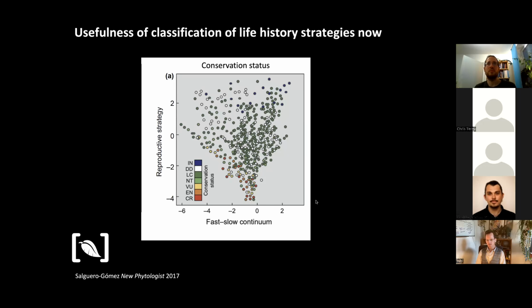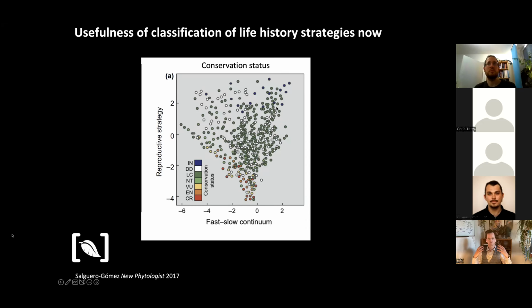What I did here is I classified species, this is for plants in this case, according to these two traits. And then I interfaced the data with the IUCN Red List conservation status. Plant species here are classified all the way from invasive in blue, and those can be found mostly at the top and the top right, to data deficient.